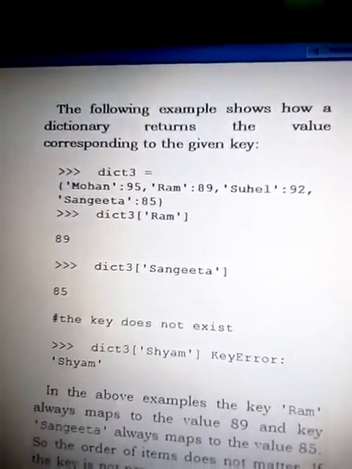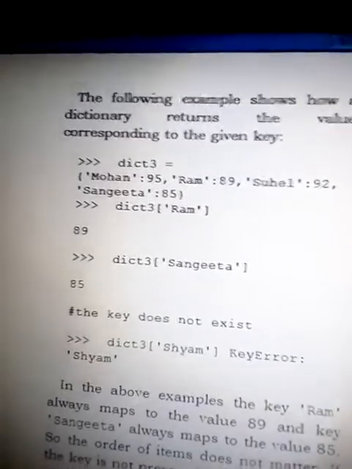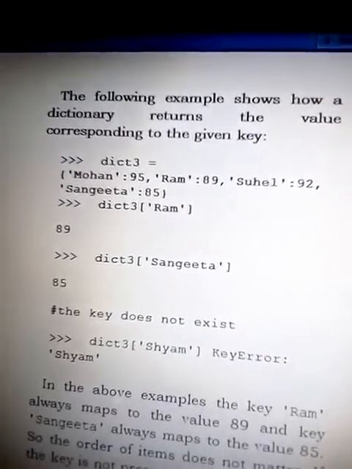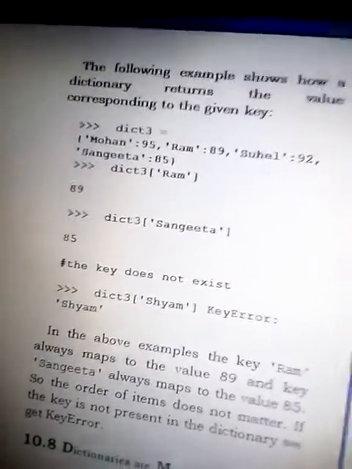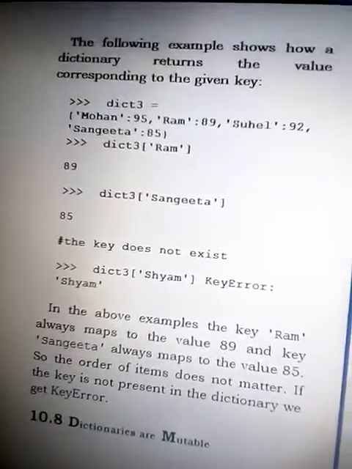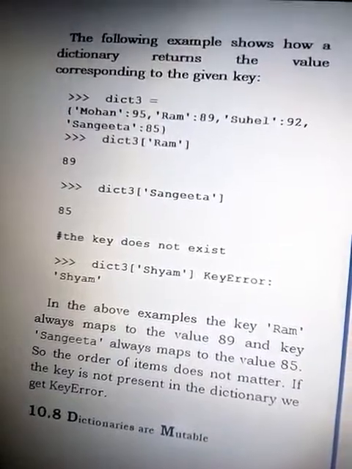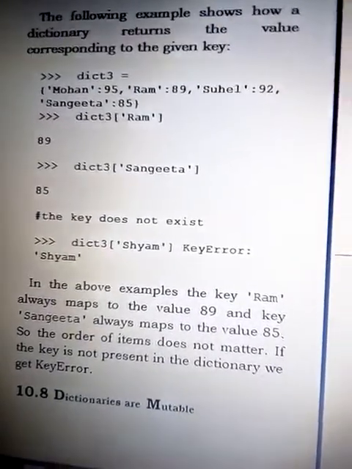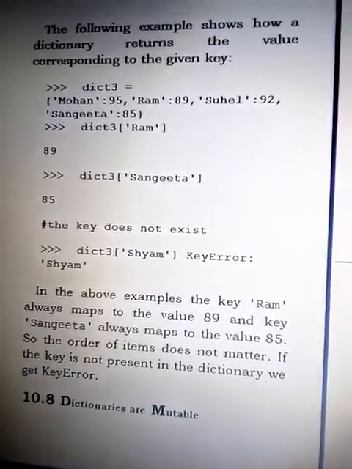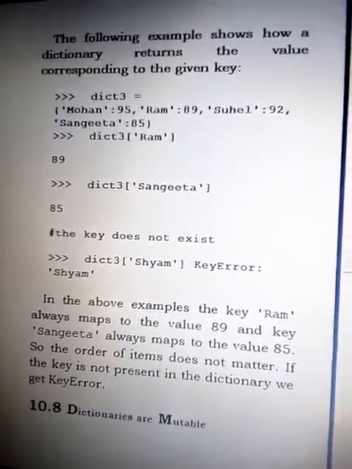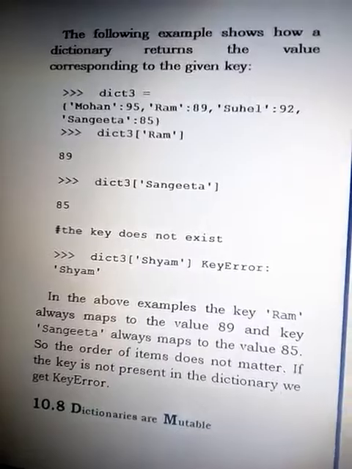So in dict 3 in these brackets, instead of passing an index we are passing keys. Respective to that key, the value will be represented as the output. Here we are getting 89. Another example we can see, dict 3 of Sangeeta. Sangeeta's value is 85, so it will return us 85.